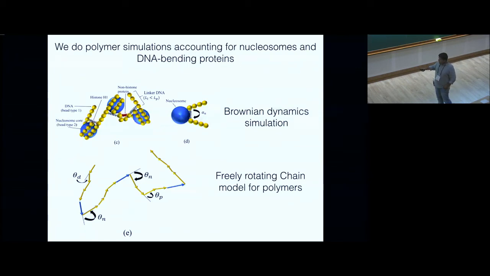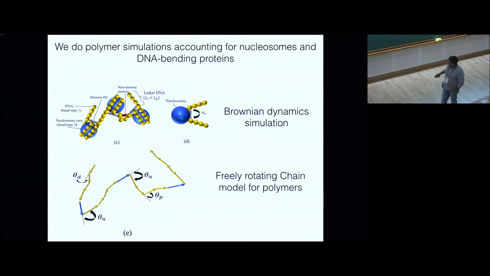The semi-flexibility is essentially decided by this angle theta, and phi is free to rotate. Wherever a nucleosome is bound, it will make an angle theta n, the nucleosome angle, and wherever a protein is bound, it could make a different angle theta p.